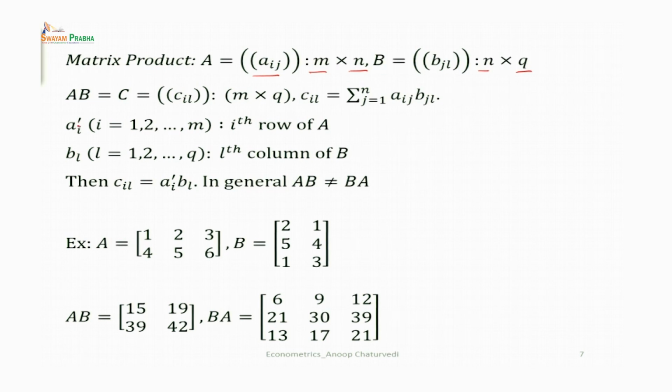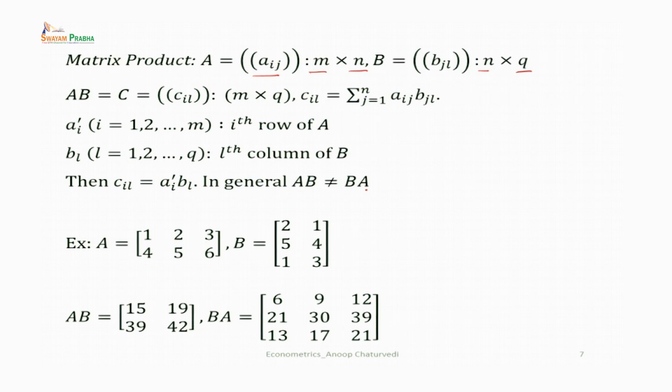Suppose Ai transpose is the ith row of A and Bl is the lth column of B. Then to obtain Cil, what do we do? We simply take Ai transpose Bl.